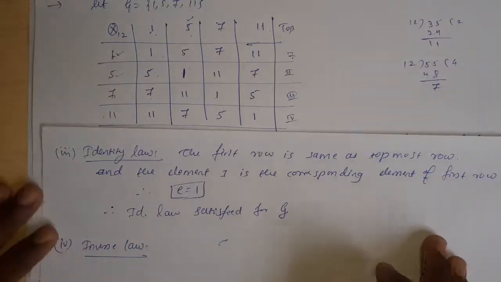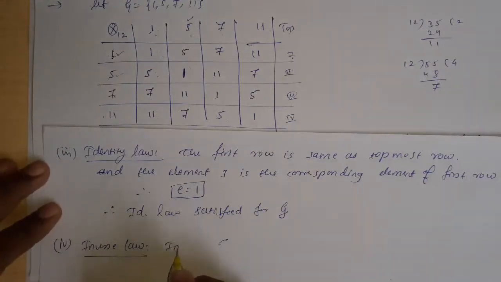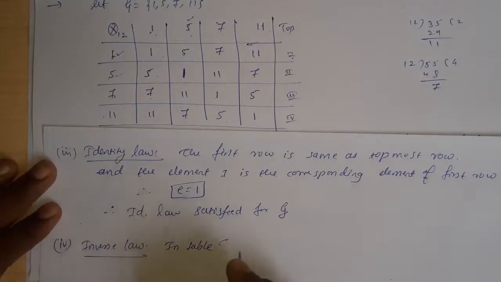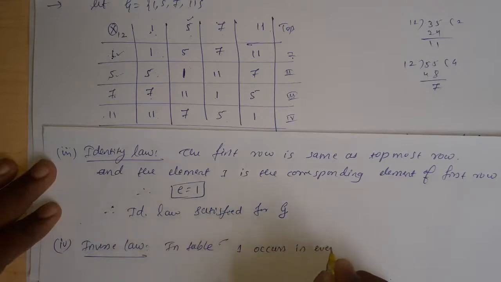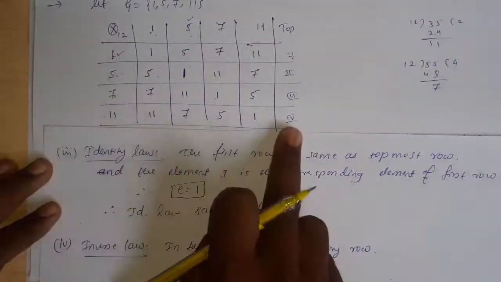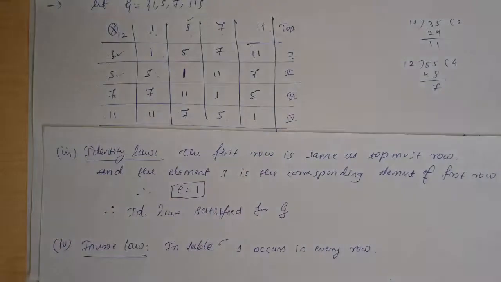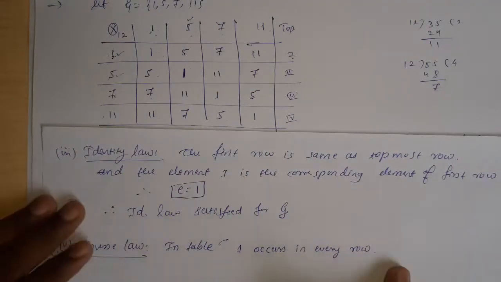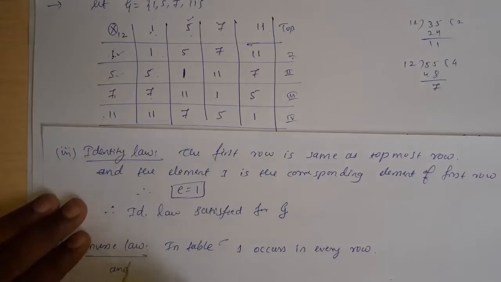Now, inverse law in table: 1 occurs in every row, because in the first row, second, third and fourth, in all the rows 1 is there.